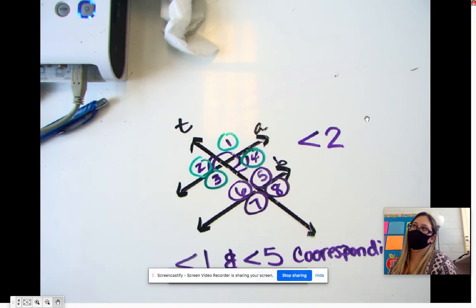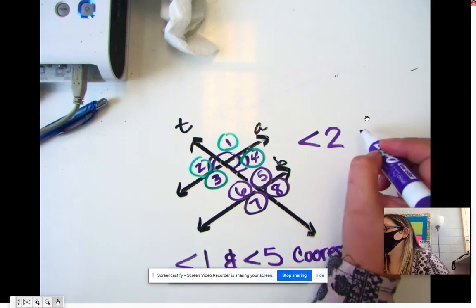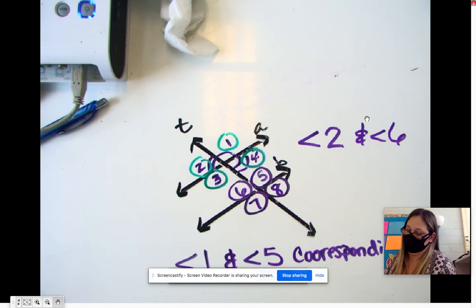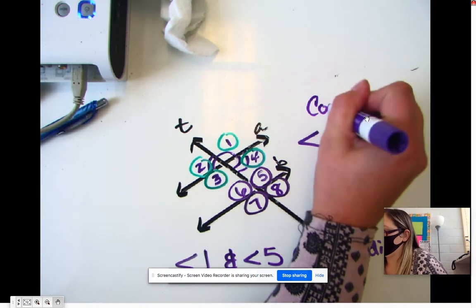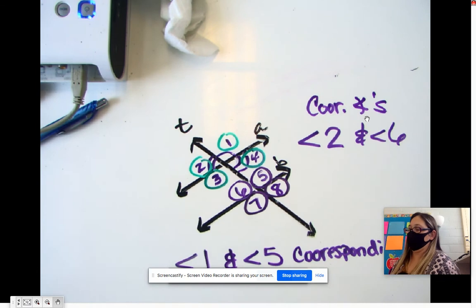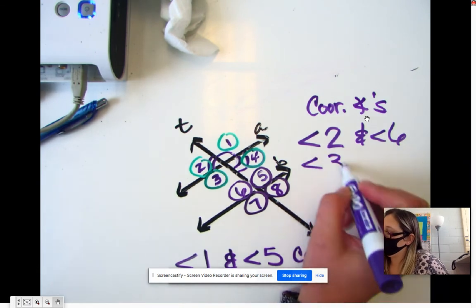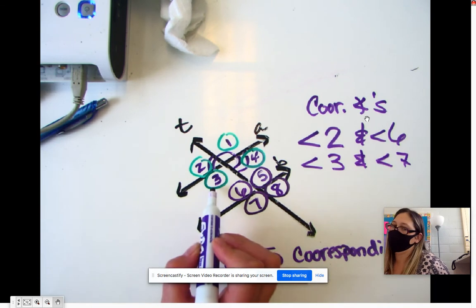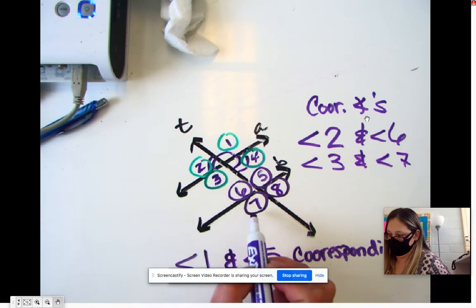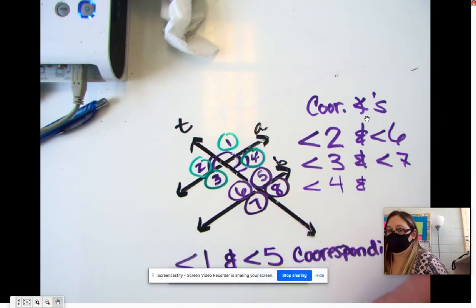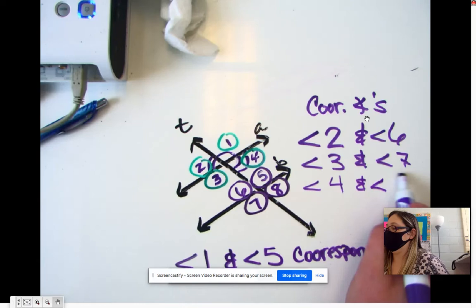Out of the purple ones, which one has the same position? 6. So 2 and 6 are also corresponding angles. Okay. What about 3? Good. 3 and 7. 3 is the bottom left. 7 is the bottom left. And the last one, 4 and 8. Good.